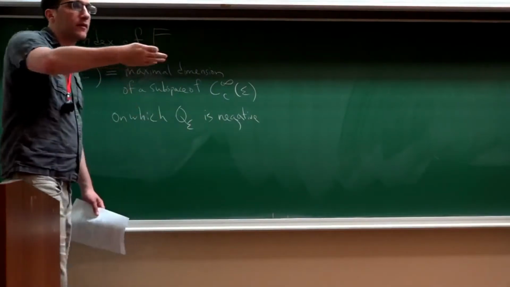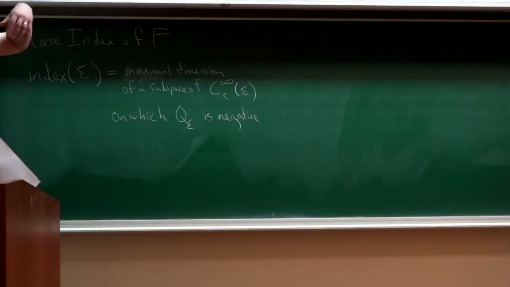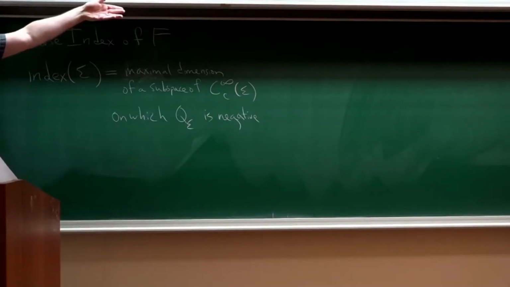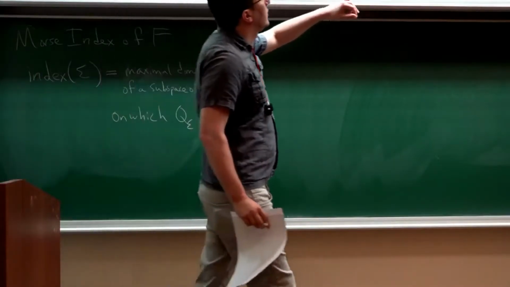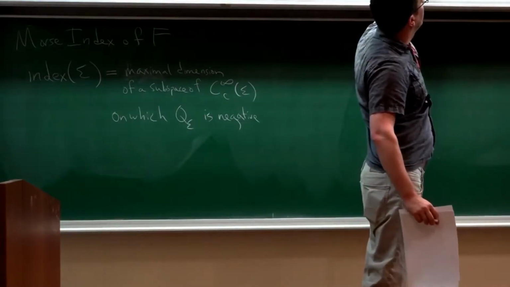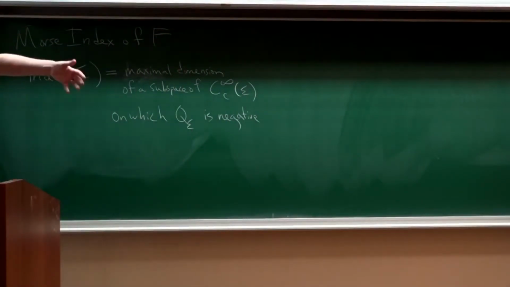Of course, we're interested in understanding which directions decrease to second order the F functional and which directions increase. It's standard that the index counts the directions that decrease it, the maximal dimension.